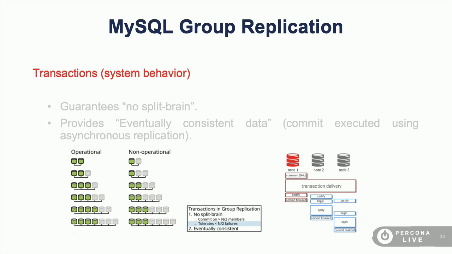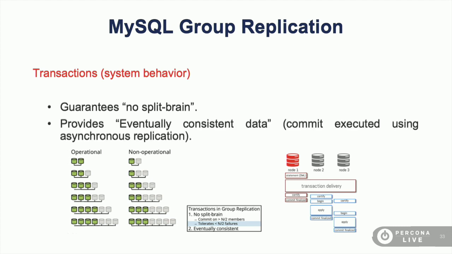The transaction component. What does the transaction component guarantee? It guarantees that there is never going to be a split brain scenario. What is a split brain scenario? It is a situation that is going to cause an inconsistent database state and provides eventually consistent data, because the data could be seen at different times in different states.